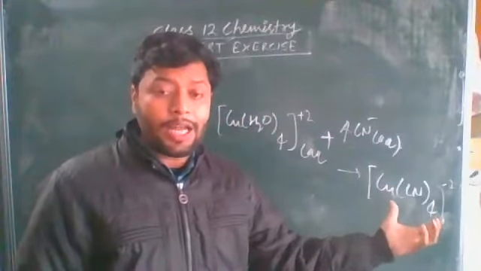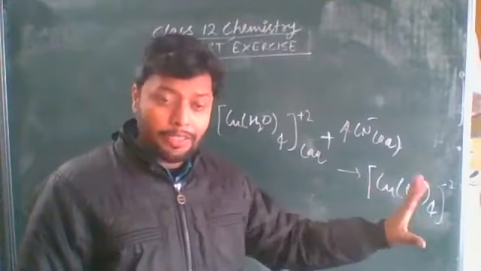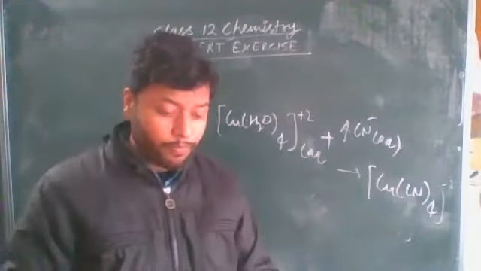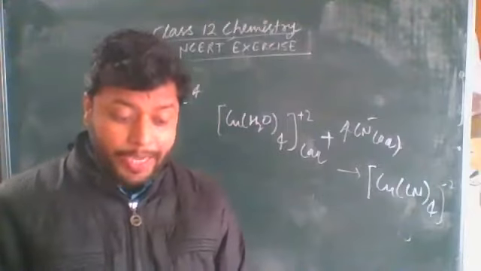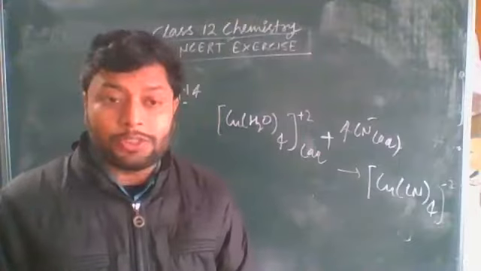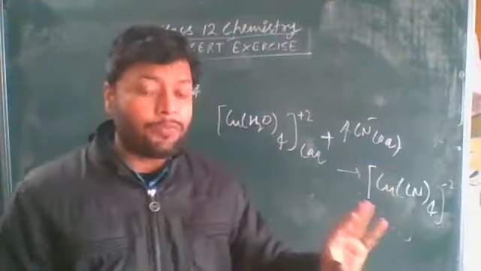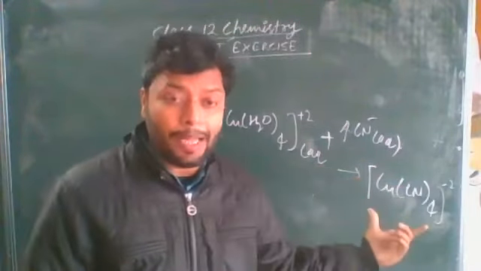This is a tetracyanocuprate(II) ion. Now the question is, why is it that no precipitate of copper sulfide is obtained when H2S is passed through this solution? When H2S is passed through this solution, no precipitate is formed because H2S does not react with this complex.